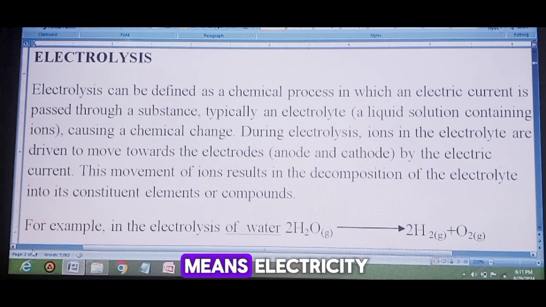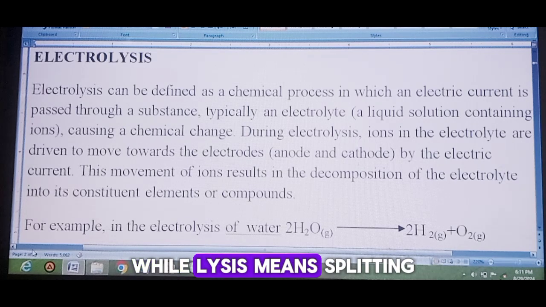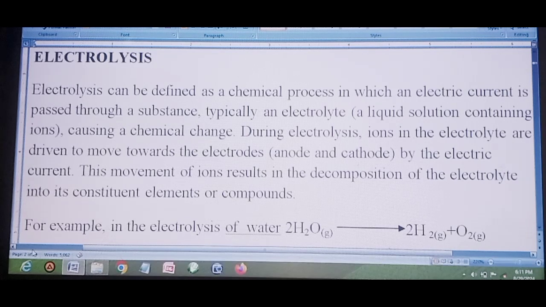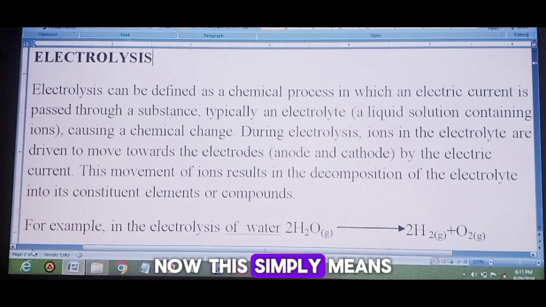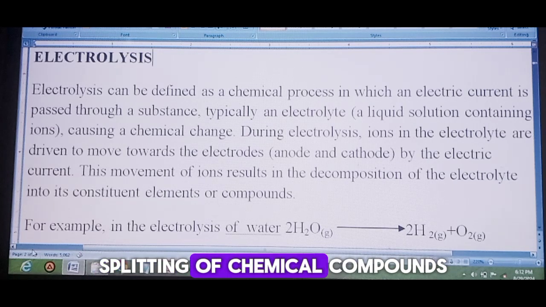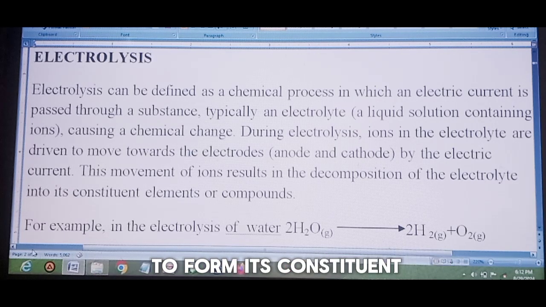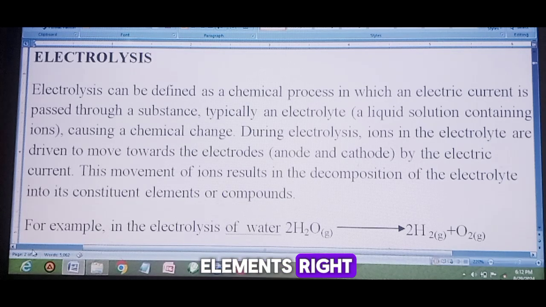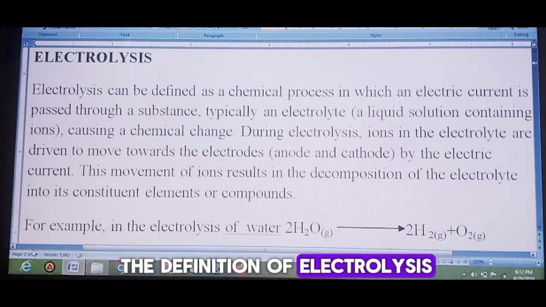Electro here means electricity, while lysis means splitting. Now, this simply means that electrolysis is all about splitting of chemical compounds to form their constituent elements, right? Now, let's go into the definition of electrolysis.